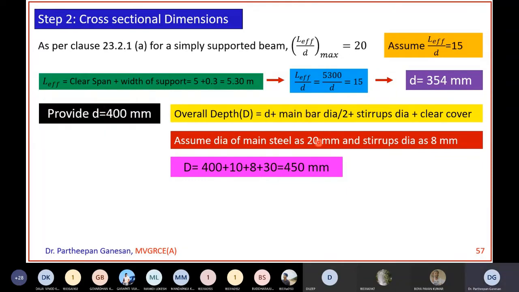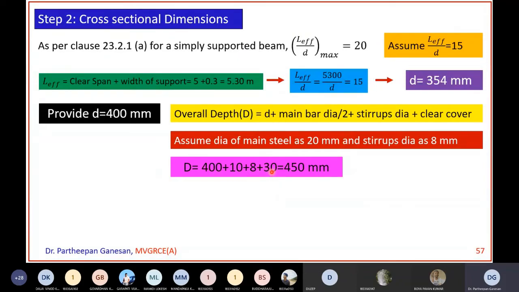I am assuming 20 mm dia bar as the main bar, so 20 by 2 is 10. I am assuming stirrups dia as 8 mm. Clear cover is 30 mm. If you see the code table 16, it says 20, 25, 30 and all these things. So I have taken here 30. For severe exposure areas, it is 30 mm. So together it is coming out to be 448 mm.